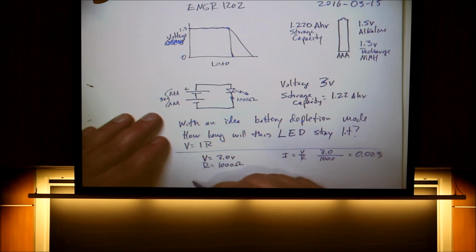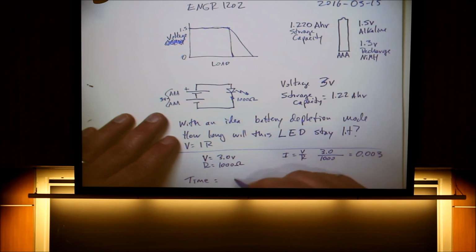So what we have is our time that we're going to run, which is going to be equal to capacity divided by the load, which is going to be, as we said, 1.22 amp hours, not milliamp hours. And this is all over 0.003 amps. So obviously these units cancel out.